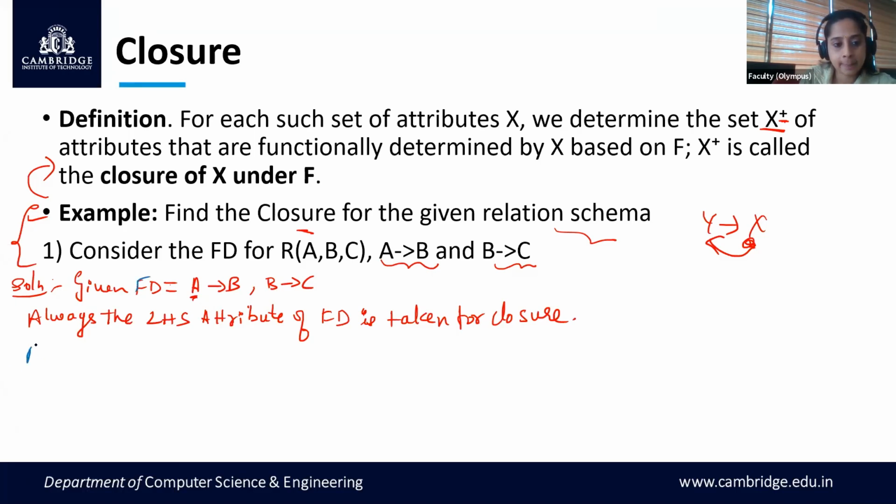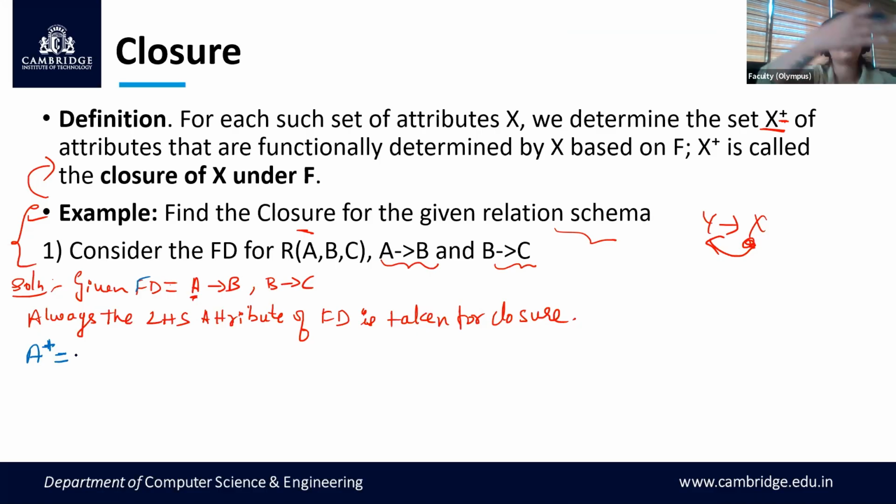Okay, A closure. The first functional dependency has A as the left side attribute. I've taken A plus, which is the closure. A closure is equal to, always, the first rule of the closure is reflexivity. That is, A determines A only. If I say Priya's group, in that group Priya is also included. Will you exclude Priya? No, you will include Priya also.